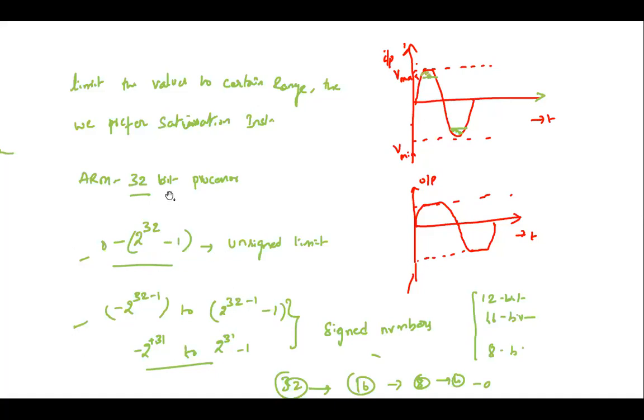You can do a quick math with your calculators and find out the value for this. Also for signed numbers, we have values ranging from minus 2 raised to 31 to 2 raised to 31 minus 1. So these are the limits, the negative side and the positive side.